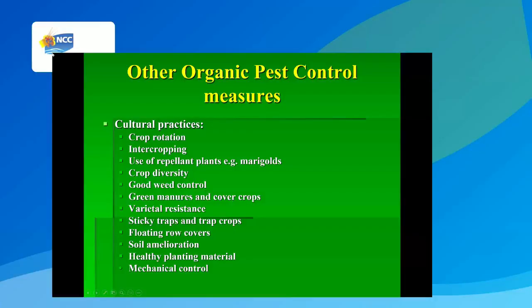Building up your soil, making sure your soil is well ameliorated with things like various types of plant manure, animal manure, or plant products like fallen leaves, lawn clippings, and various plant products like that.